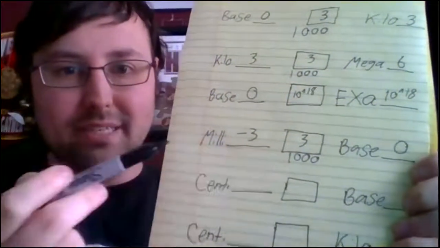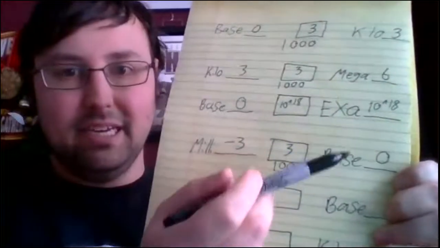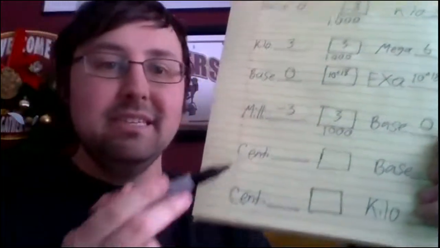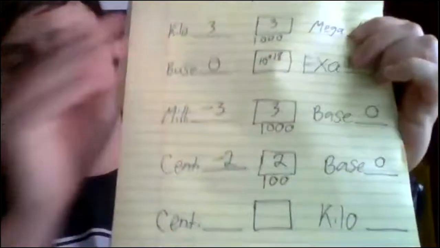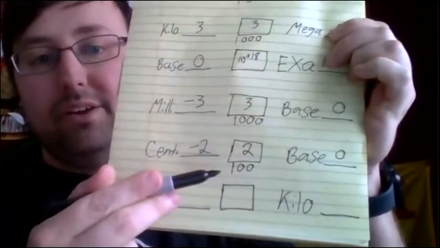Again, 1,000 millimeters in a meter. Centi to the base. Centi is -2 on that document. Base is 0. So again, your difference there is 2. A 1 with 2 zeros behind it is just 100.